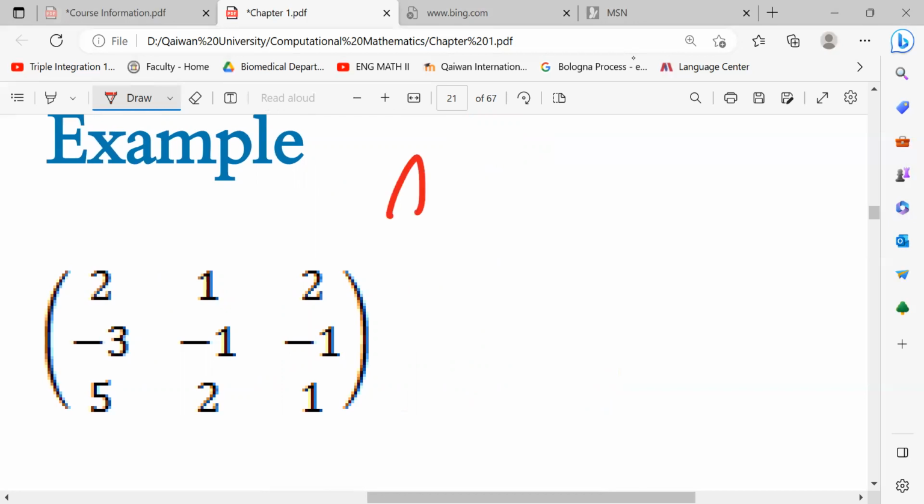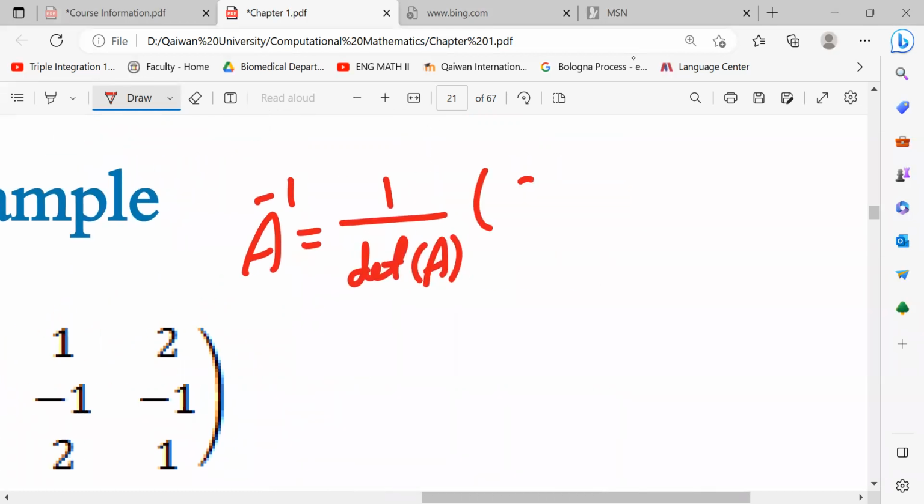We say A inverse is 1 over the determinant of A multiplying by the cofactor, or adjoint, of matrix A. And the adjoint is the cofactor matrix transpose.